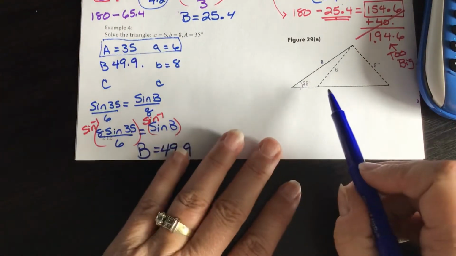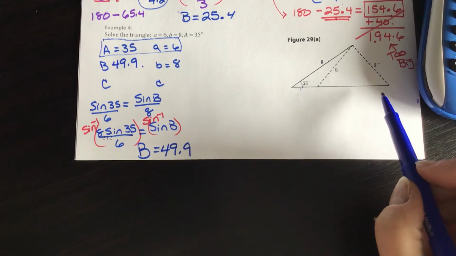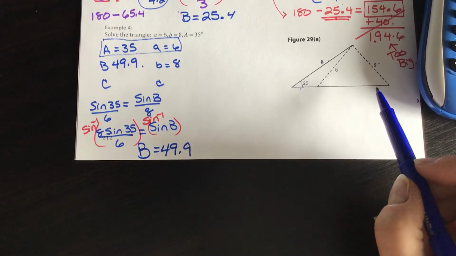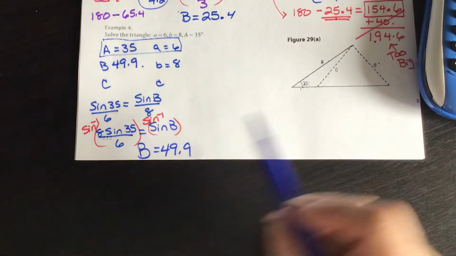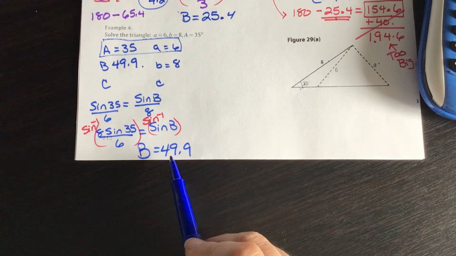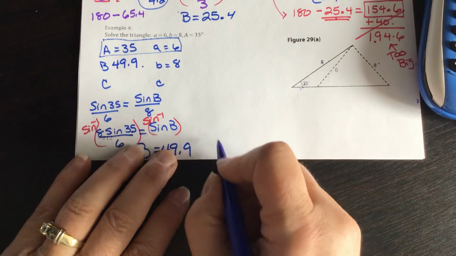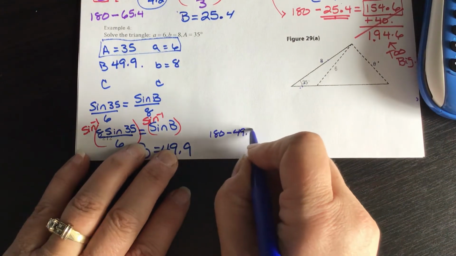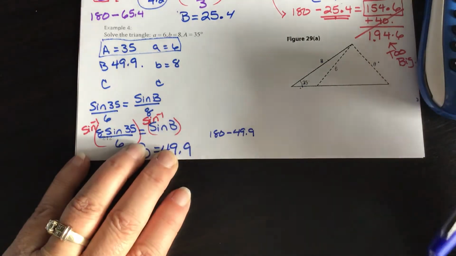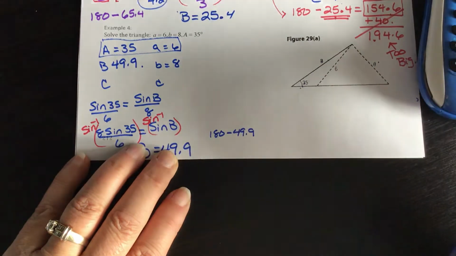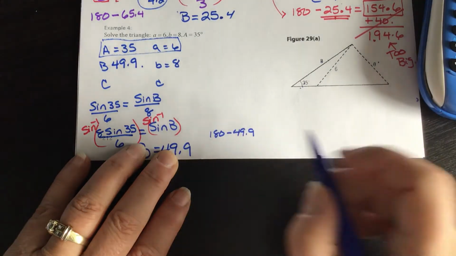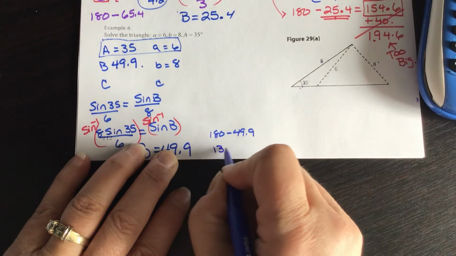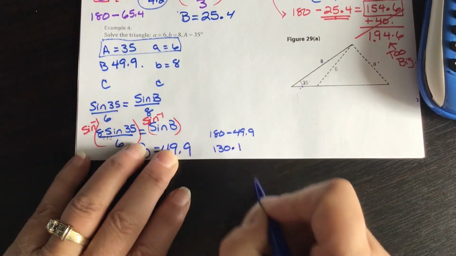Now, again, it's possible that there be 2 angles. If I find the supplement of this, which is 180 minus 49.9, I get 130.1.